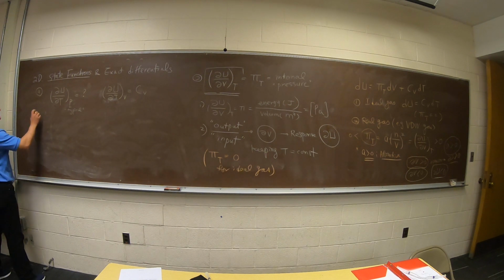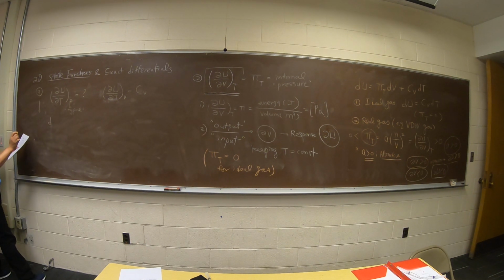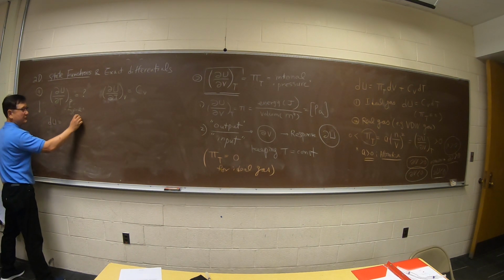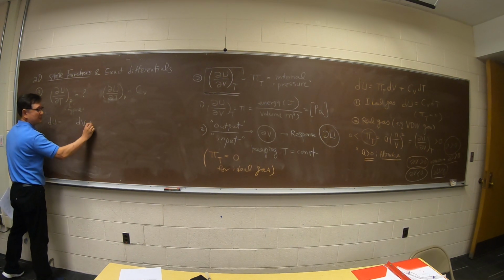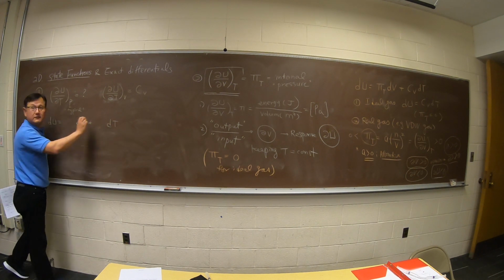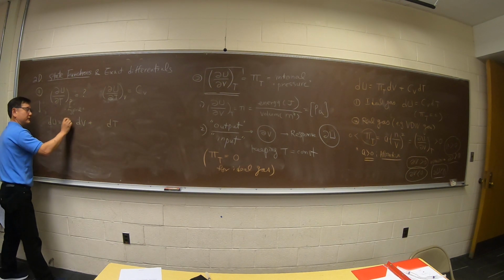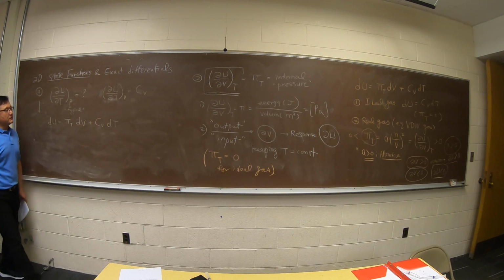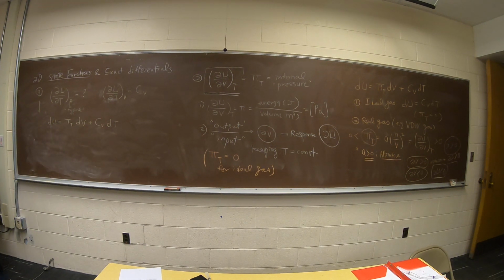And this is also another nice practice of an exact differential. So I'm going to write this. dU is my pick of two choices, volume change and temperature change. You guys remember? And then I'm going to say that's the internal pressure, and that will be C_V dT. So that's the same equation that I wrote before.